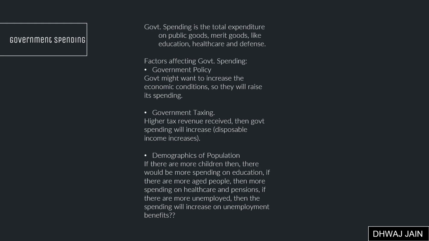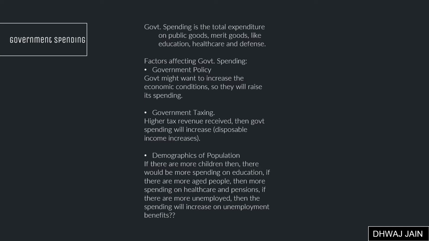So the factors affecting government spending. First is government policy. The government might want to improve economic conditions, so it will raise its spending. When there is an increase in real GDP, that's when the economy flourishes the most, because there is economic growth.